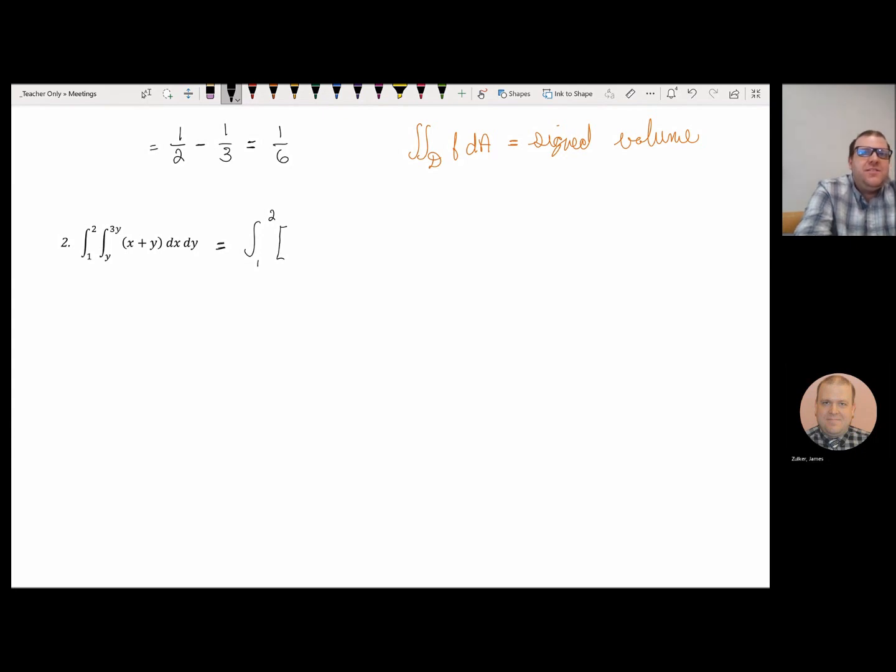We want the antiderivative. Antiderivative of y with respect to x is xy. Then just evaluate that from y to 3y.